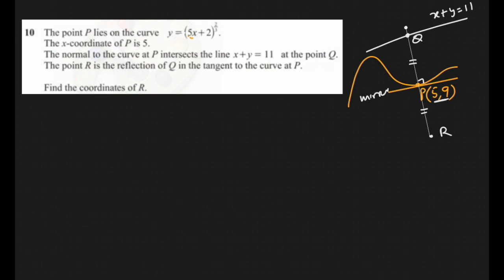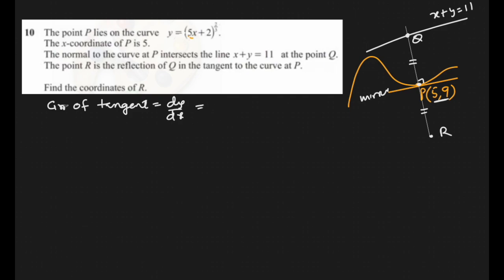For coordinates of Q, we need to know the equation of QR. So for the equation of QR, first we'll have to find the gradient of the tangent. The gradient of the tangent is nothing but dy over dx. This is the gradient of the tangent at P. So we have to differentiate the equation of the curve.